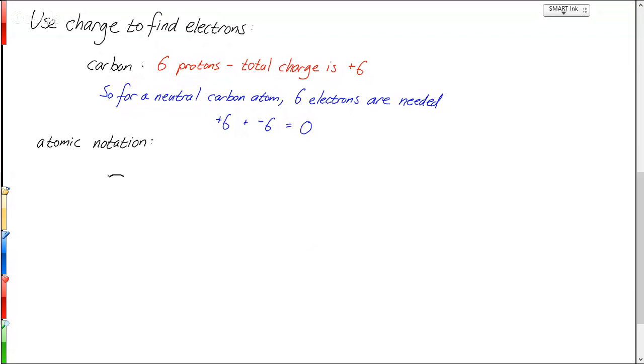So if we stick with our carbon atom, okay, we just draw a capital C, that's carbon. But we can also put a 12 up in the upper left-hand corner, which tells us that this is specifically carbon with a mass number of 12. The upper left-hand corner gets the mass number.